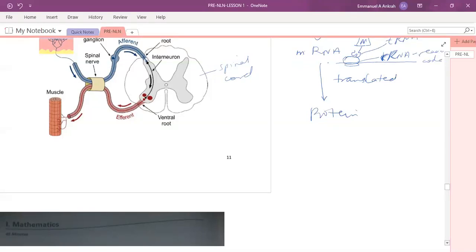Number 38, no, let's leave 38. We'll come back to that another time. Number 39 and 40. What page is this on? 238, number 39, and number 40.